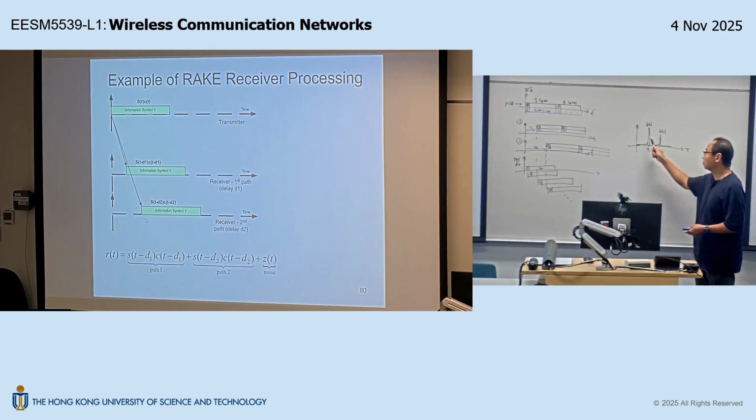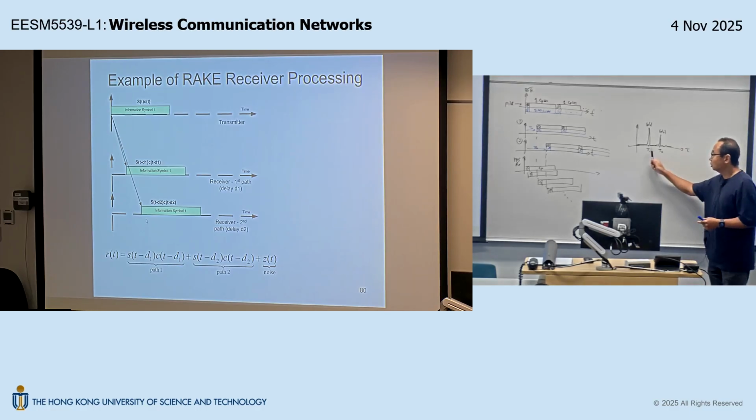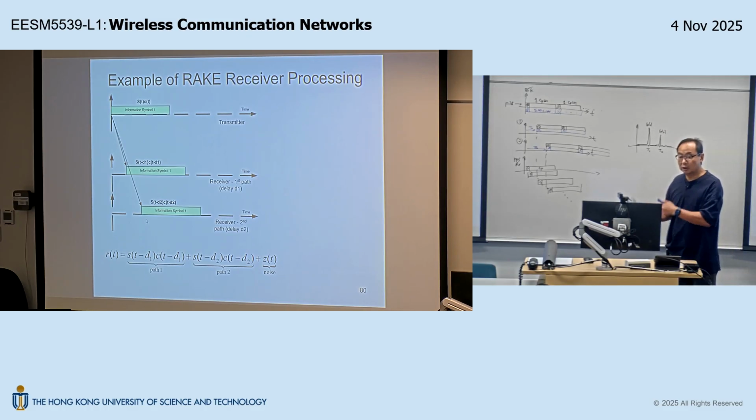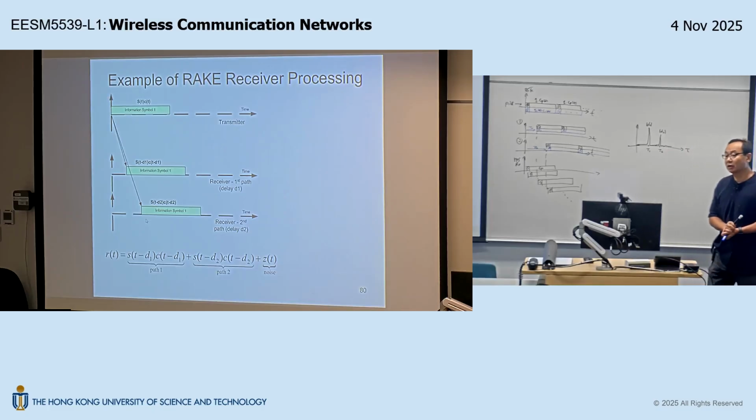Number one, by counting the number of peaks, you know how many resolvable paths you can see. Number two, you know the corresponding despreading timing for each of these paths. And number three, by looking at the peak, you know which path is stronger and which path is weaker.